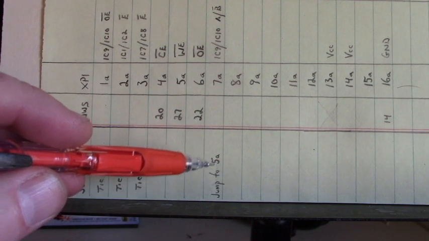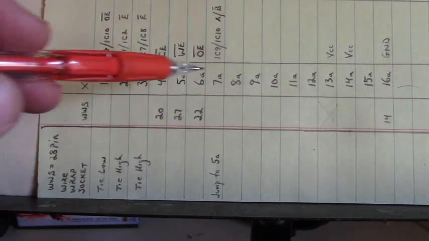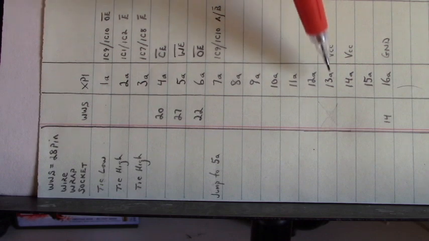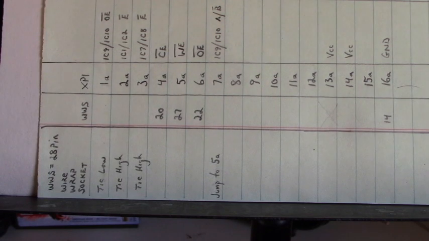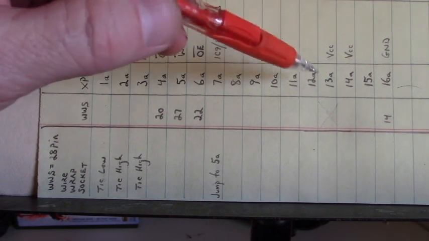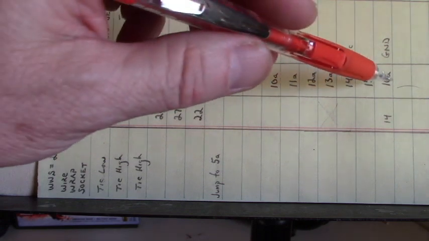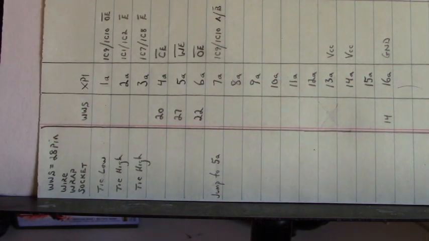I got jump to 5A. So connect 7A to 5A. Here's our 5 volts into the Indramat software module on 13A and 14A, but we're only going into 13A. Here's our ground on 16A.